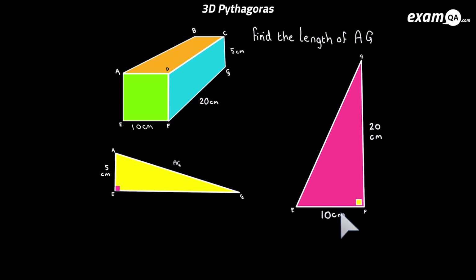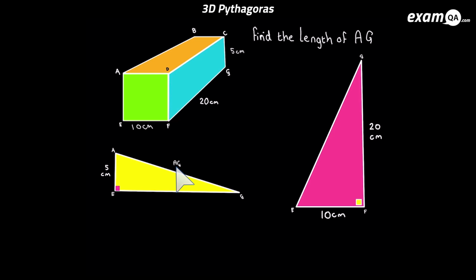And you can look back at the solid shape to see how we know these ones. So we know the 10 centimeters and we know the 20 centimeters. Now what you can say right away is we can do Pythagoras to work out that missing length EG. Now that's going to be brilliant, because once we work that out, in the first right angle triangle, I could fill in EG, and then we would have enough information to do Pythagoras to work out AG.